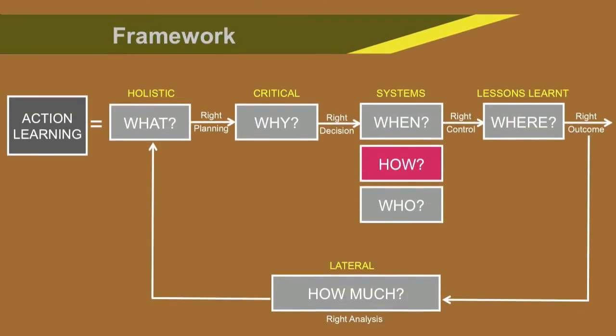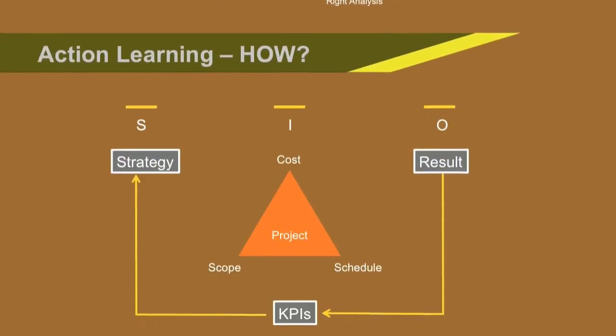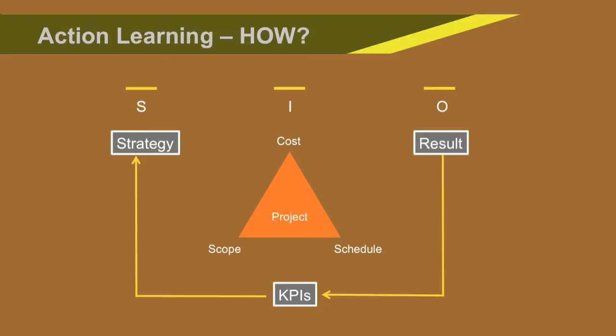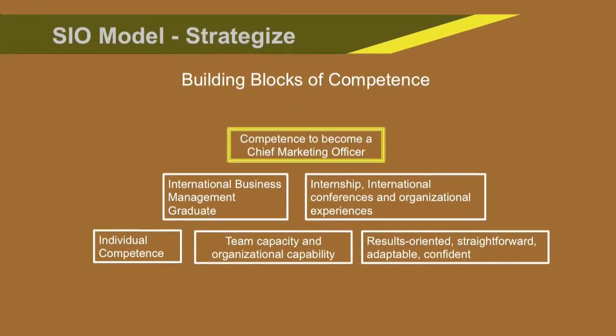In this section, I'm going to use the SIO model, which is strategize, implement, and operate. The first one is to strategize. In this section, I'm going to explain by using the building blocks of competence, which is the required and obtained competence to become a chief marketing officer in the future.